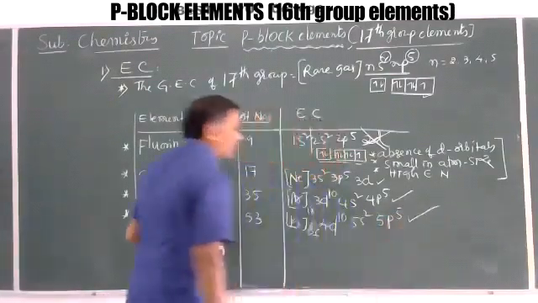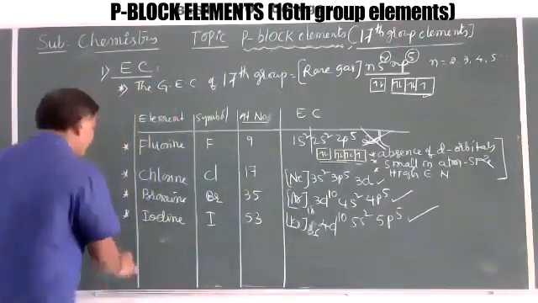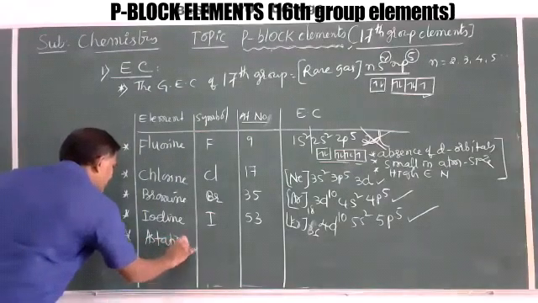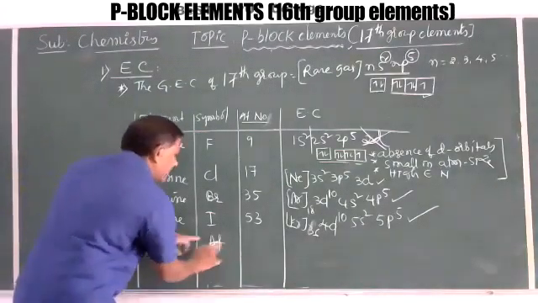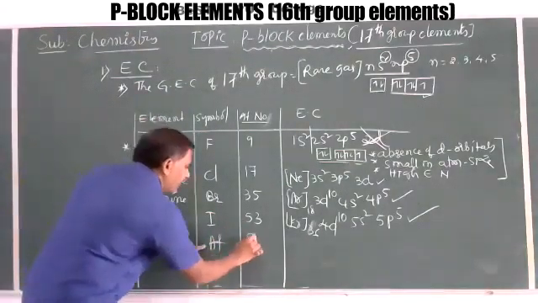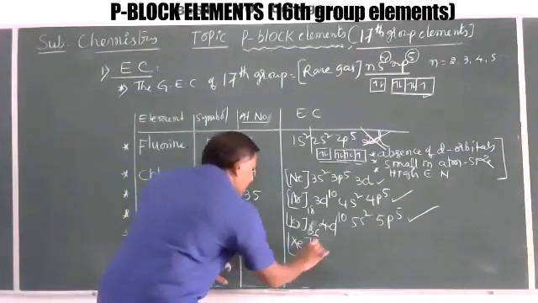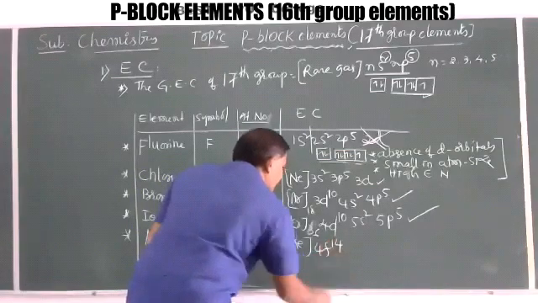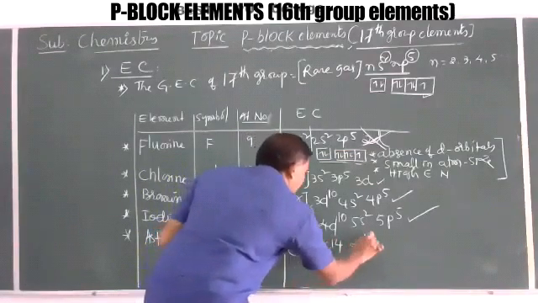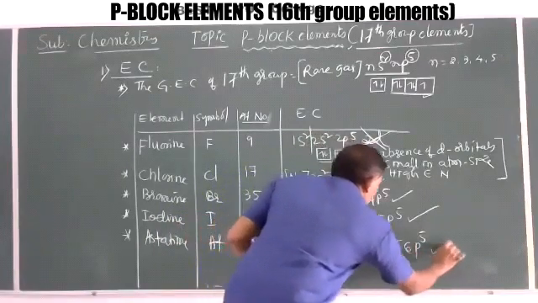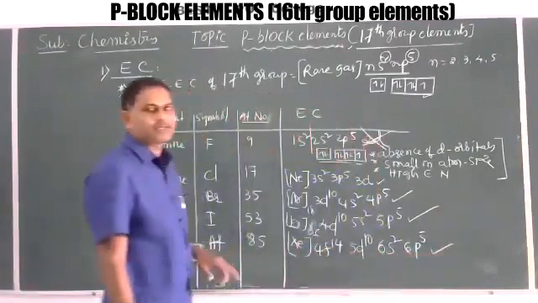Finally, astatine, a radioactive element. Adding 32 to 53 gives 85. The configuration is xenon, 4f14, 5d10, 6s2, 6p5.